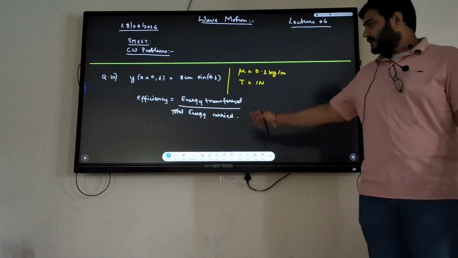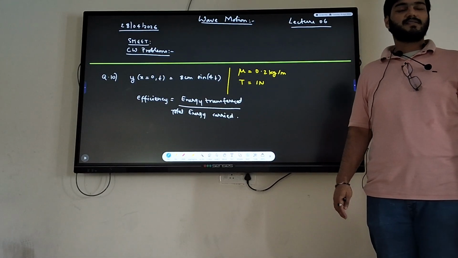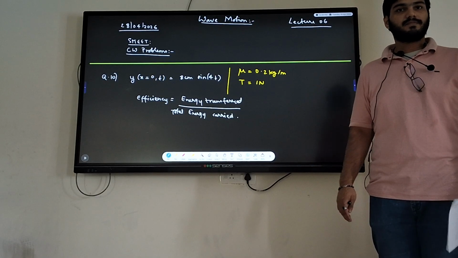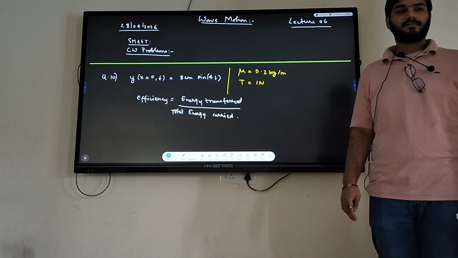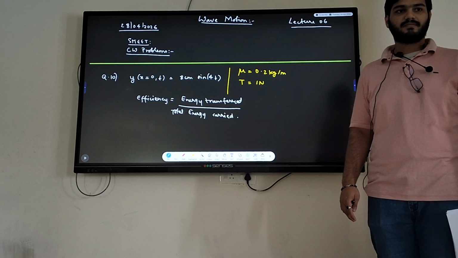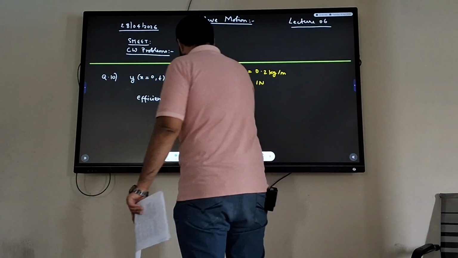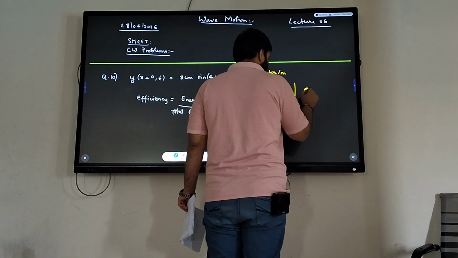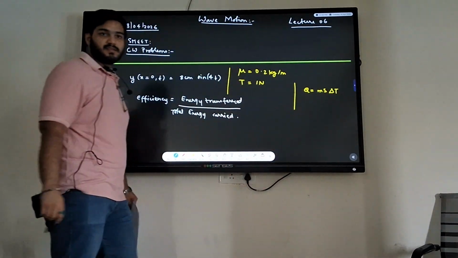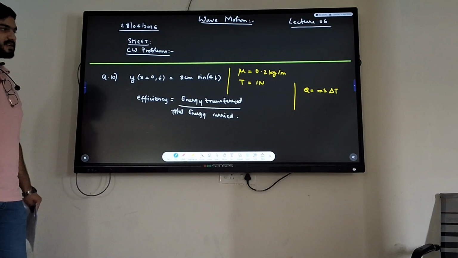So some heat transfer is occurring and some rise in temperature is occurring. Any relation that relates it? Q is equal to m s delta T, where s is the specific heat capacity.